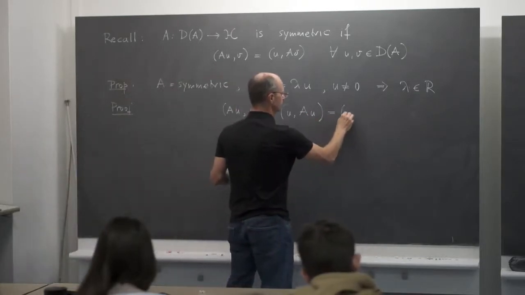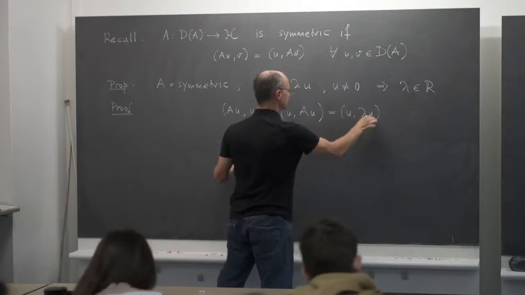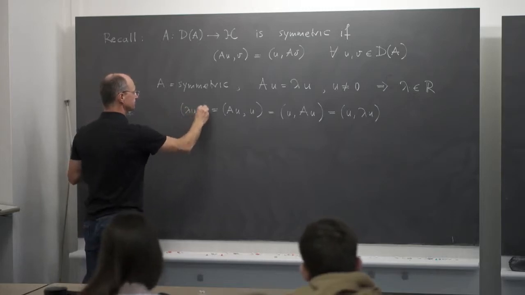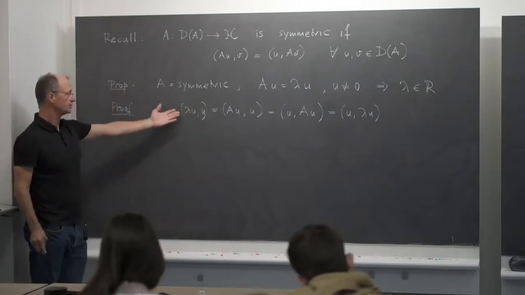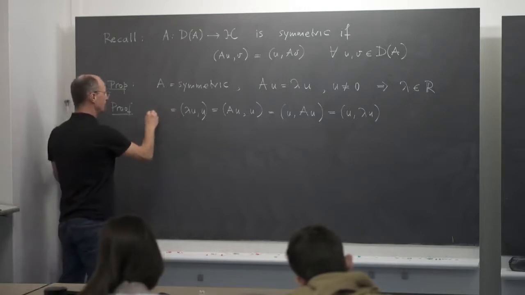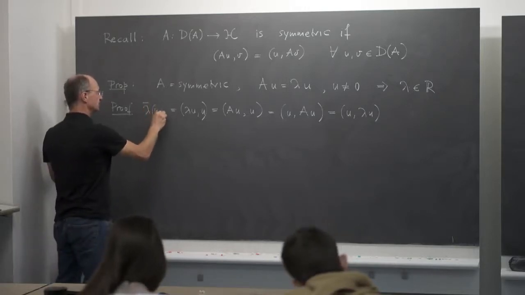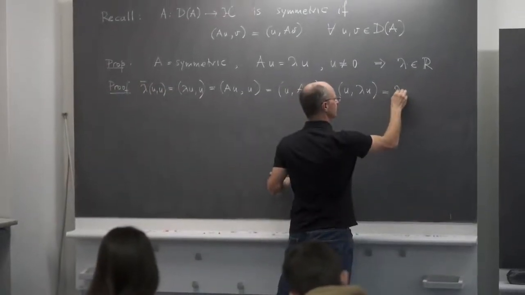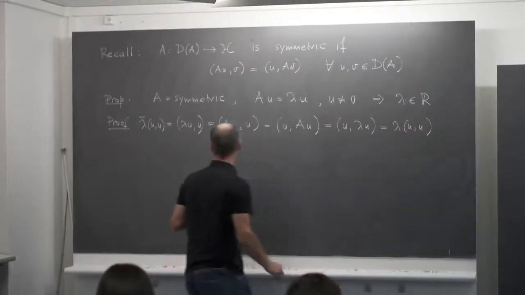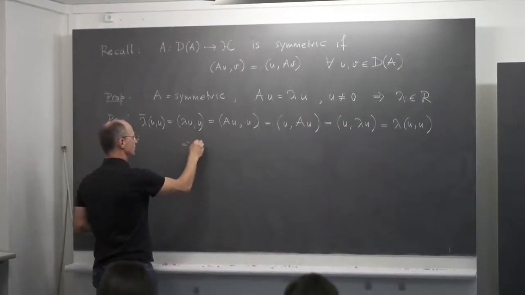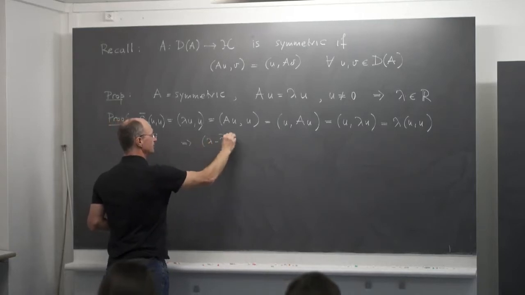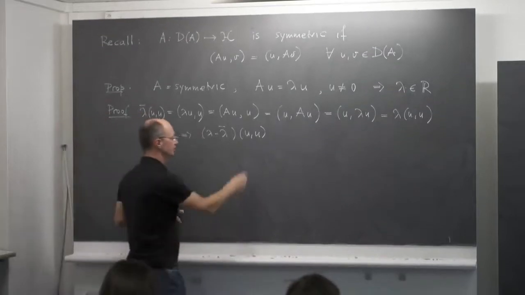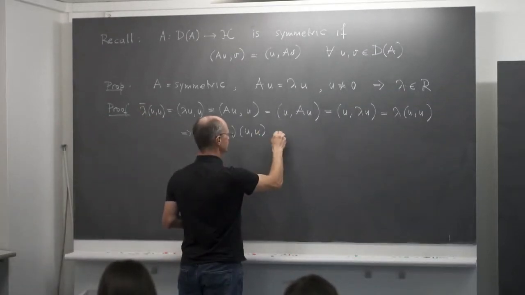Now, since it's an eigenvector, we have this equality, we replace Au by lambda u, and now we use the fact that the Hermitian product is antilinear in the first factor, and it is linear in the second, which now implies lambda minus lambda bar times the bracket, this is the product of u with itself, is 0.